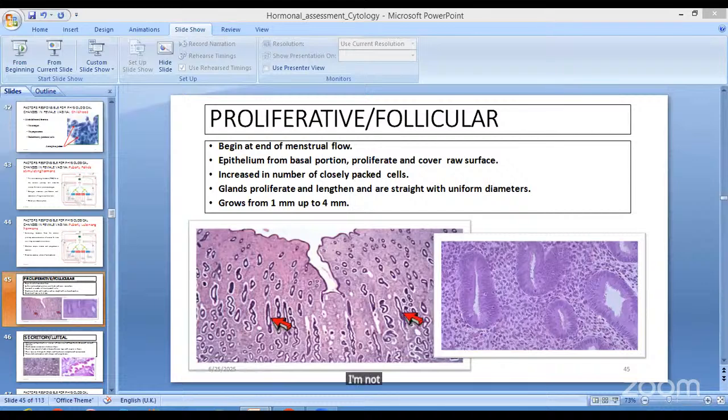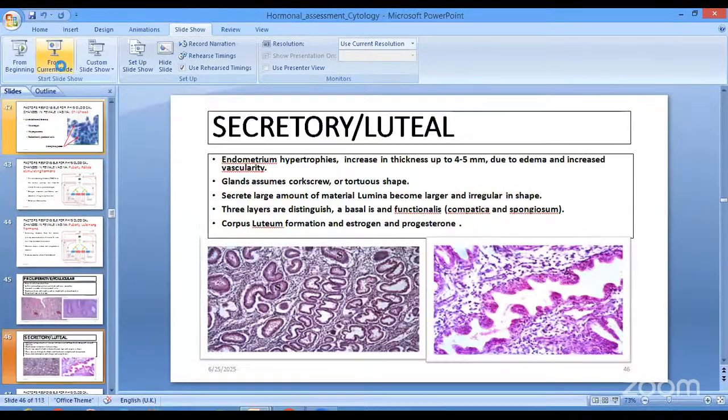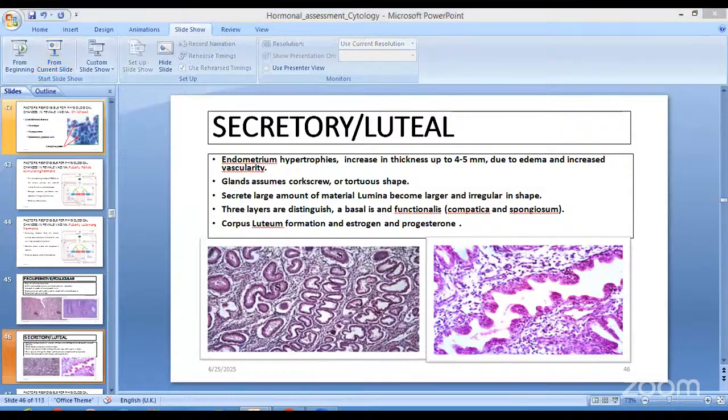And then progesterone picks up a hacksaw pattern of the glandular.